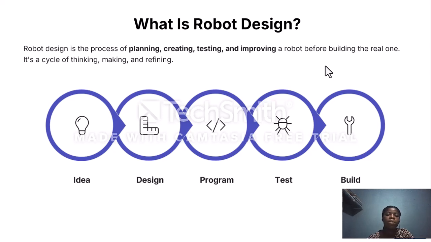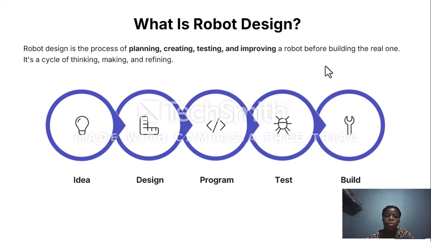We first develop the idea, then we design, we program the robots, then again we test the robots, then again we build the robots. So you go through all these steps and we will take a look at the tools we are going to use to complete each of the steps.